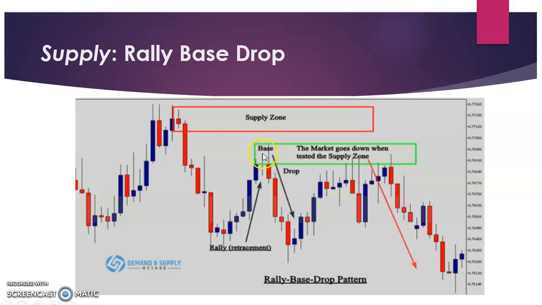So in this particular scenario, we have two points of interest. We have one over here, which actually tagged the supply zone, and we have one over here.